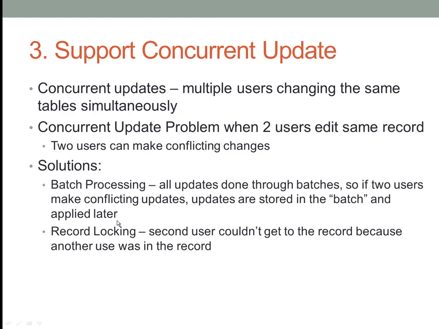One method is to take a look at something called batch processing. What batch processing means is the updates would be stored throughout a period of time into one file, and then at some point during the day the batch would be run, and that way when you have those types of conflicting information, you should see it within the batch records.